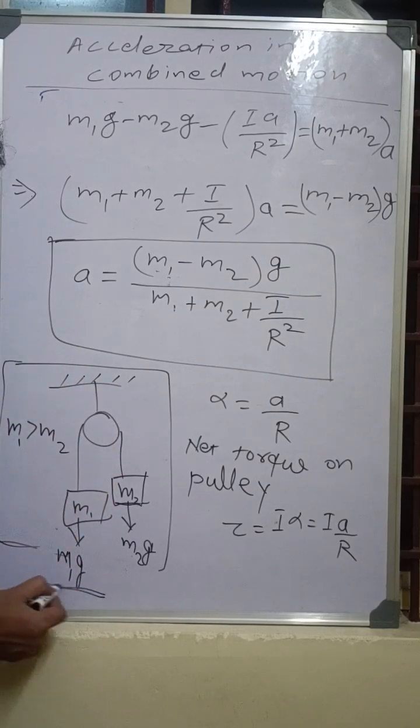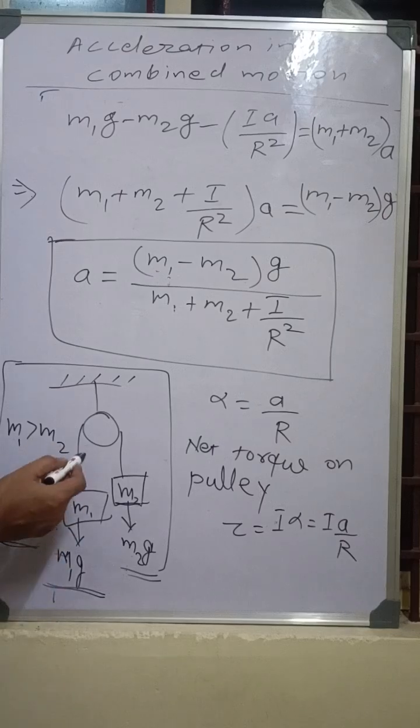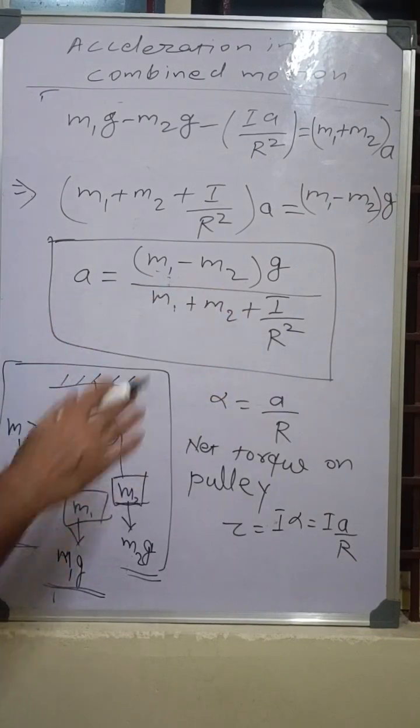As M1G is greater than M2G, the torque due to M1G will be greater, and so the pulley will be rotating in the anti-clockwise direction. Okay, so acceleration will be this much.